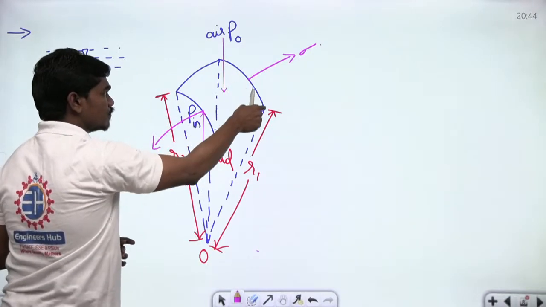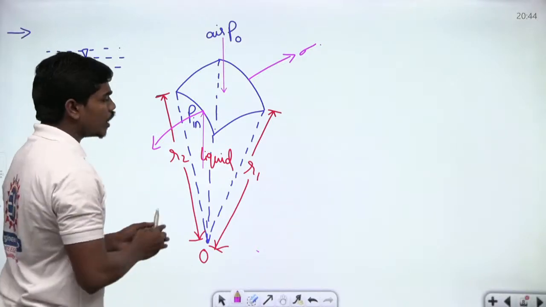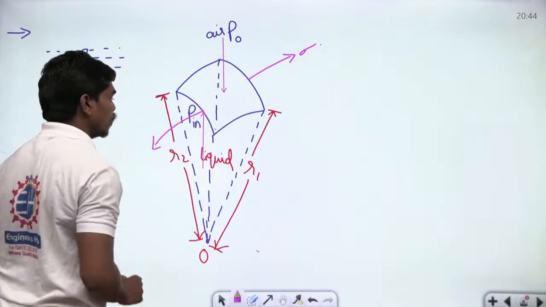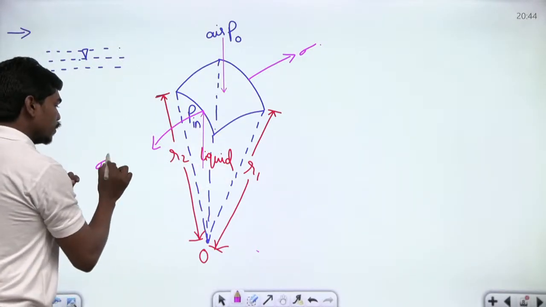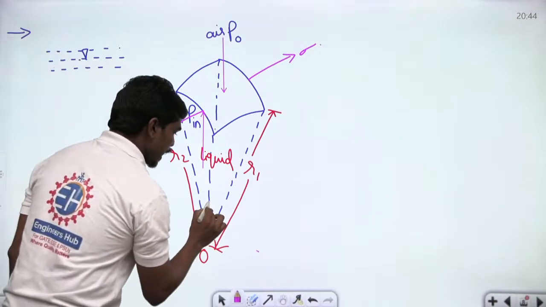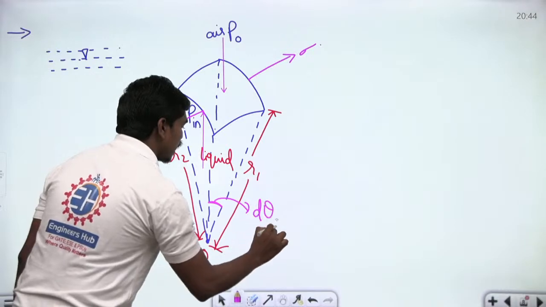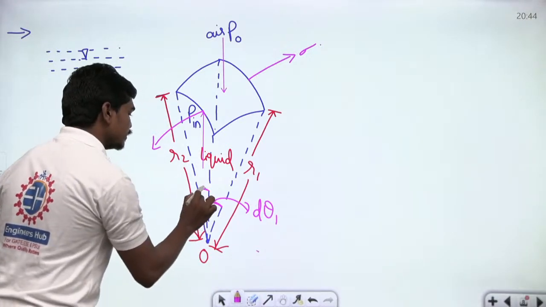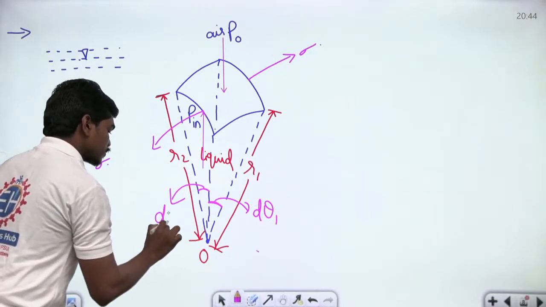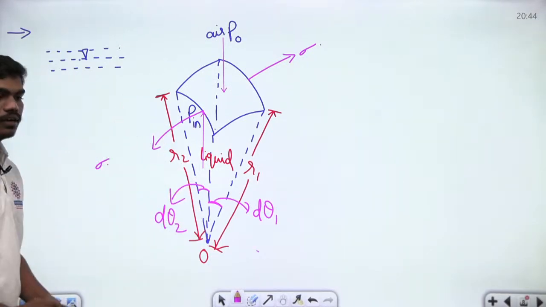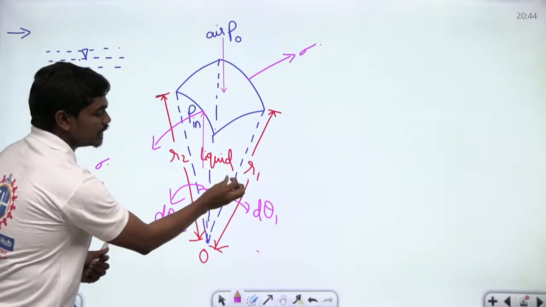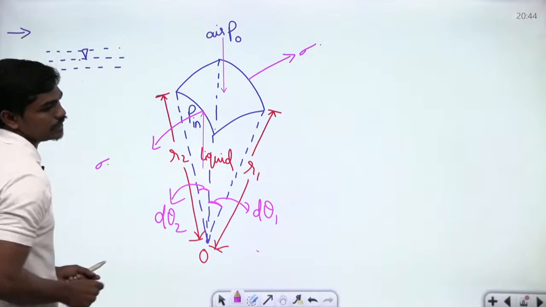The same will be the surface tension force on this side as well, because they are symmetric. So this is sigma into what? Let us suppose this small angle we have here is d theta 1, and similarly this angle is d theta 2.